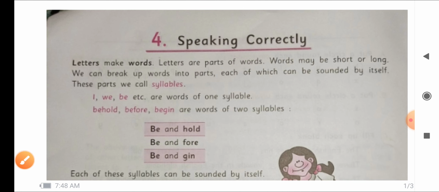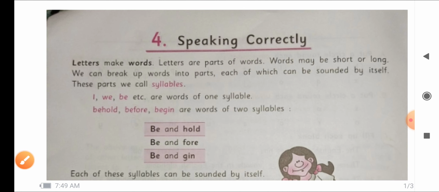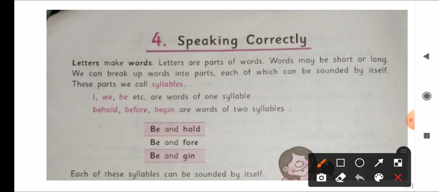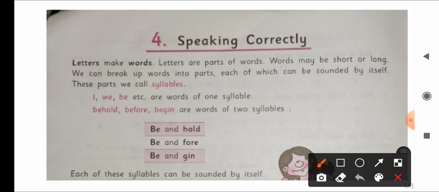Then, when we go to behold, before, begin, okay, what is common in each of them? You can see B is there in front of every word. Yes or no? When we combine two syllables, it becomes a single word.